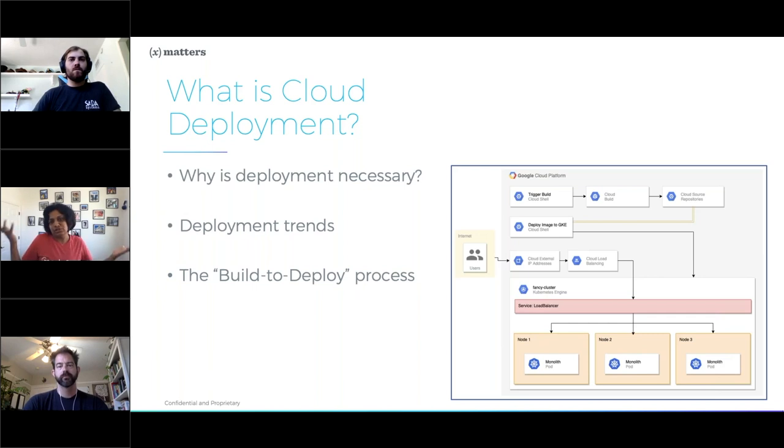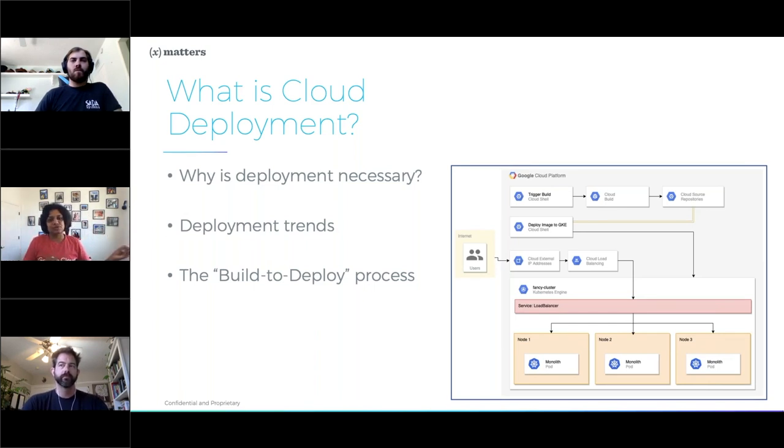And then from there, you can decide to deploy that file into a virtual machine that you might be using, or if you're using containers, then you can put it into a container cluster, or into GKE, or if you're using Cloud Run, which we'll talk a little bit about later, then into the serverless options as well. And from there, you have multiple different clusters that might be running.